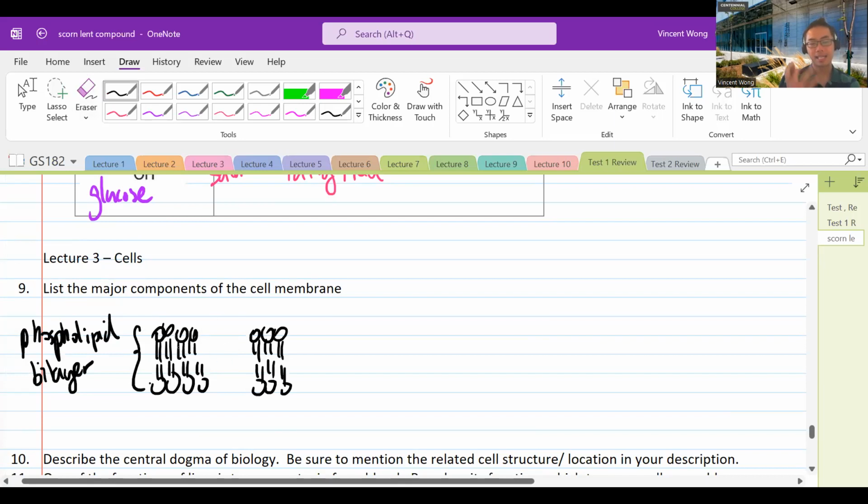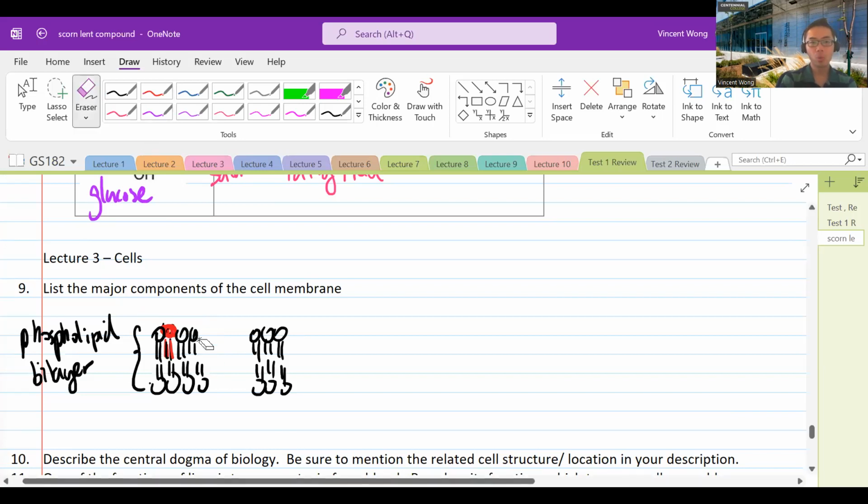Now, this is not a static structure. I have to emphasize that. So let's say if you focus on this red one right here, this is able to move left and right. Like if you take a snapshot of the membrane here, then take another picture a couple minutes later, the red one might move all the way over here. So they are able to shift back and forth. Okay, it's not like a static structure.